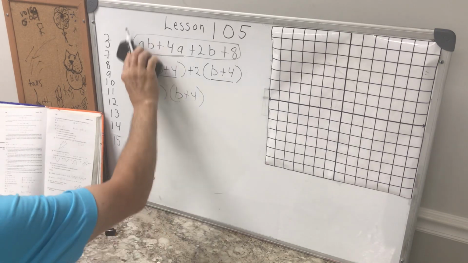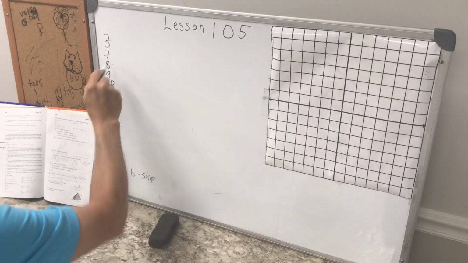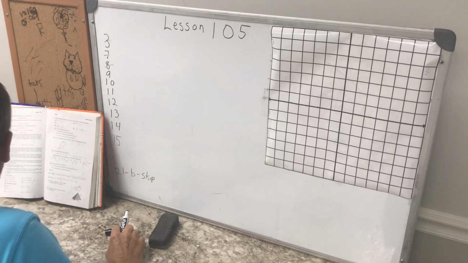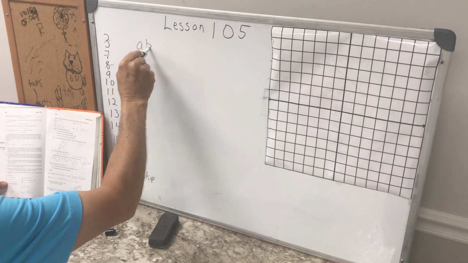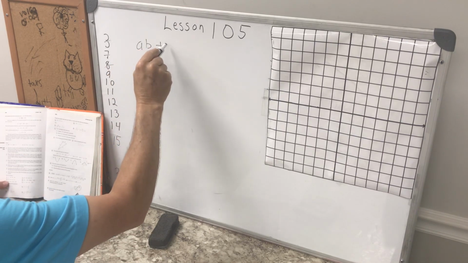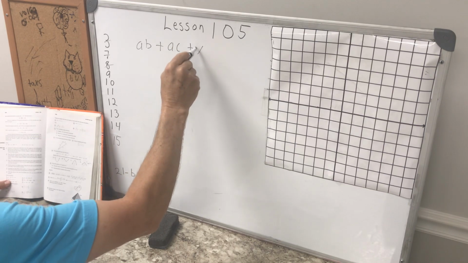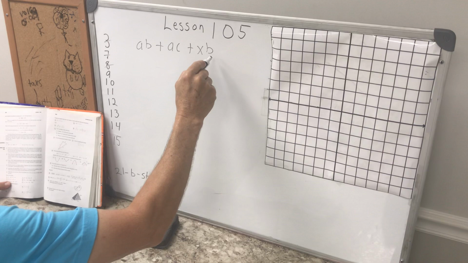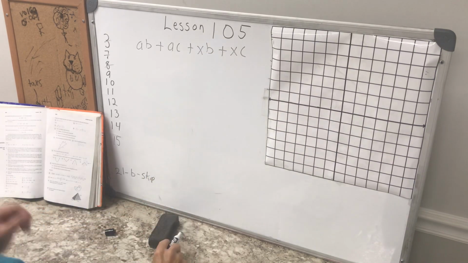That was number 8. Hopefully by this time you're getting the idea of this. We have 4 more to go. Number 9 is ab plus ac plus xb plus xc.